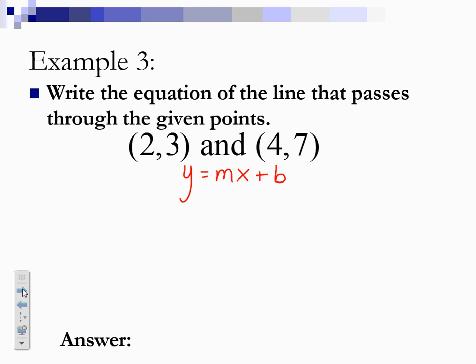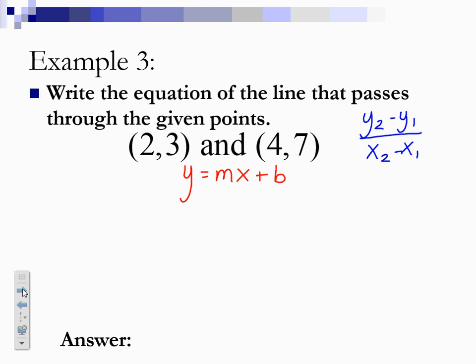I don't have the slope this time, but I do have 2 points, and you can calculate the slope using the slope formula. We can calculate that slope and then plug that in for the m value.